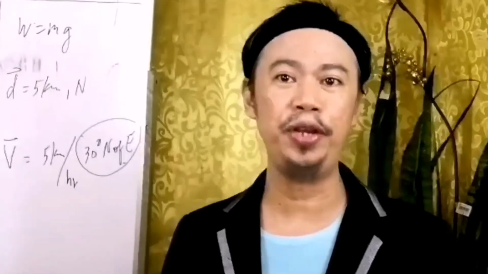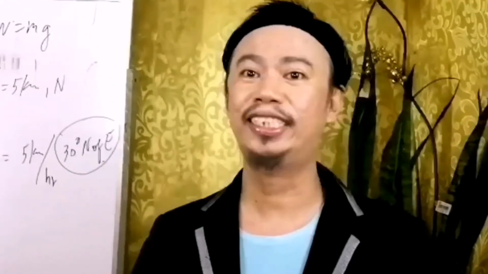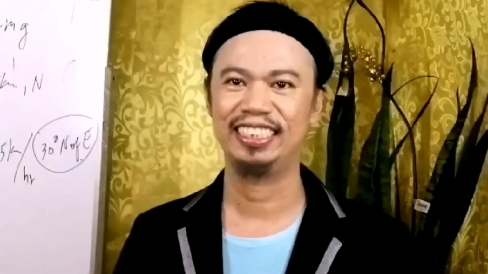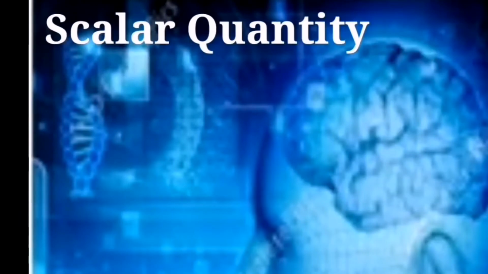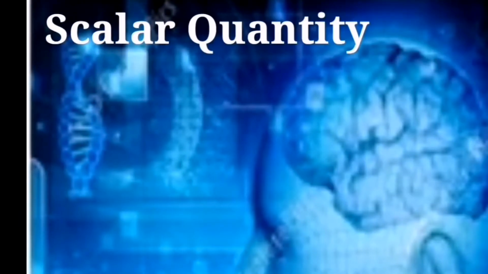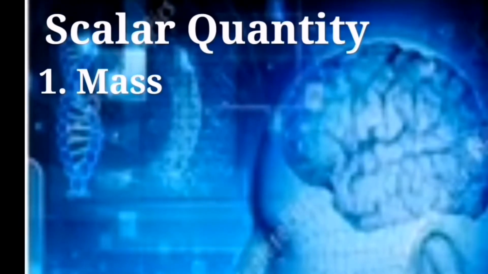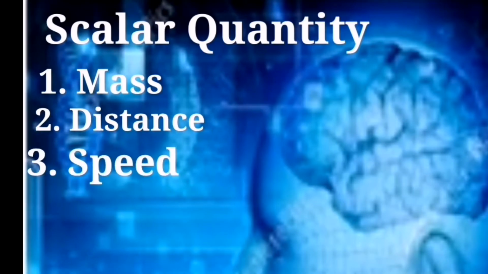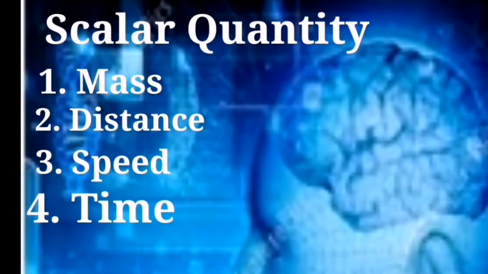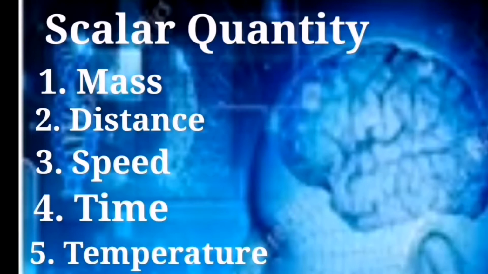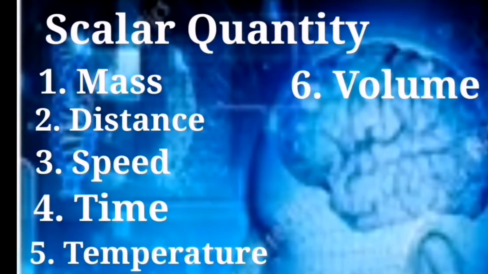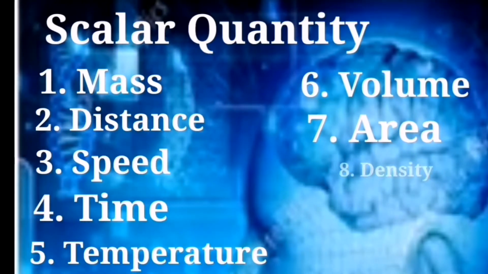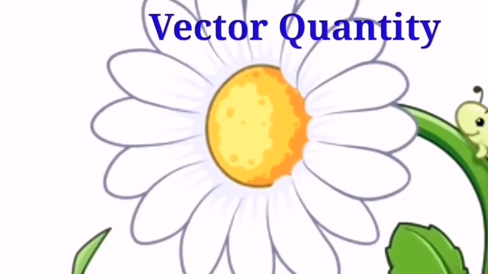So let's have now the recap of scalar and vector quantity. Examples of scalar quantity are mass, distance, speed, time, temperature, volume, area, and density.